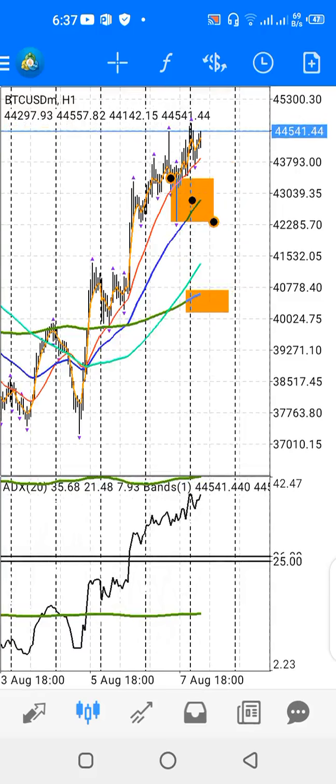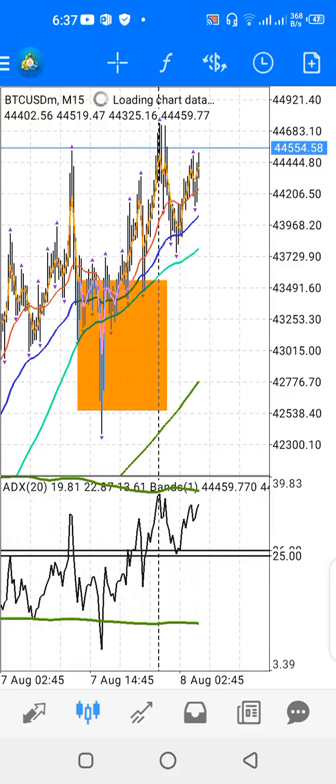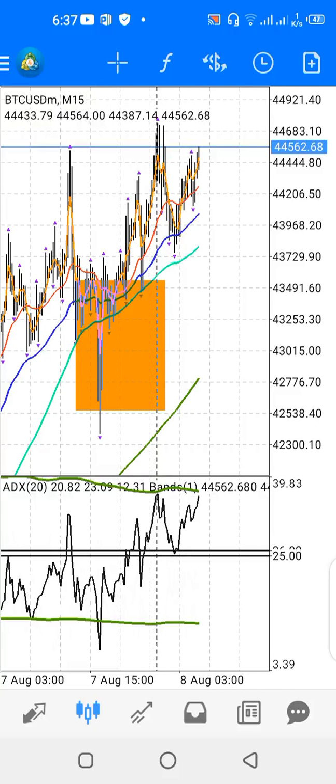Now, how do you know when to enter your buy trade? You go to the 15 minutes. If the 15 minutes aligns with what's happening on the daily, 4 hour and 1 hour, you can always buy.